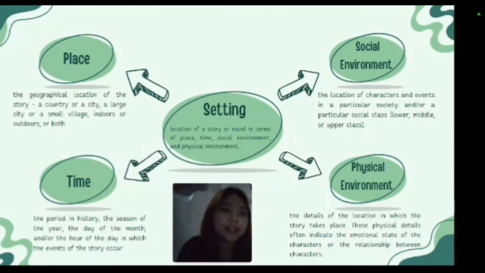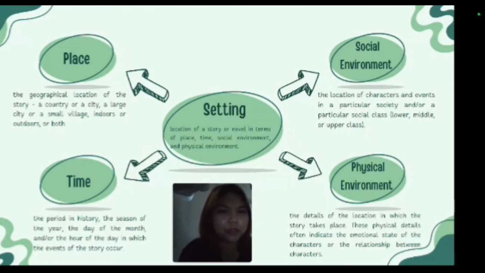Now, another is physical environment: the details of the location in which the story takes place. These physical details often indicate the emotional state of the characters or the relationship between characters. Of course, when we are reading a fiction or a story, we are really imagining the location, or what the location looks like.